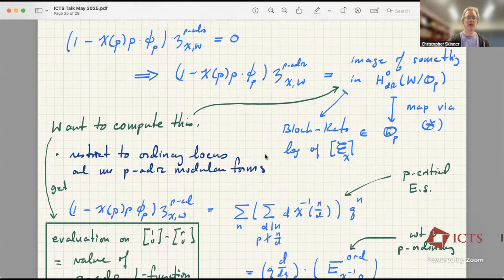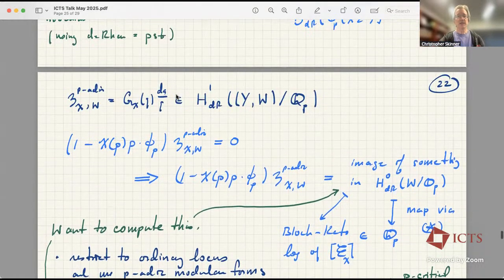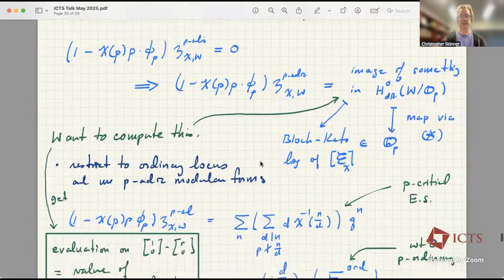All right. Now we want to compute this. So we restrict to the ordinary locus, express all of our de Rham cohomology in terms of p-adic modular forms. So what do we want to do? We want to compute a primitive of this differential, and then restrict it to W and evaluate it. Actually, what we want to do is compute a primitive of the differential 1 minus chi p Frobenius of p applied to eta.